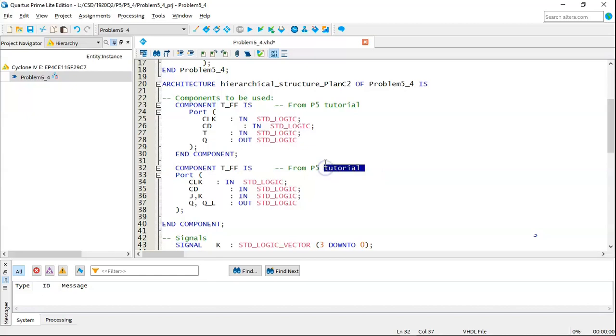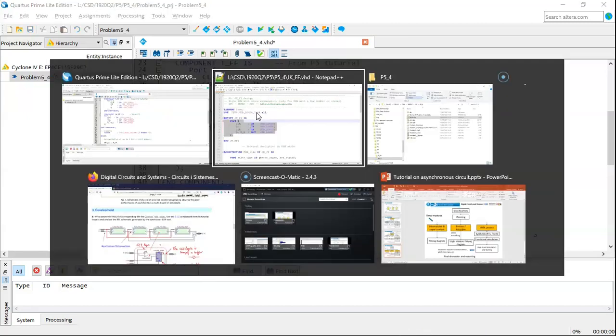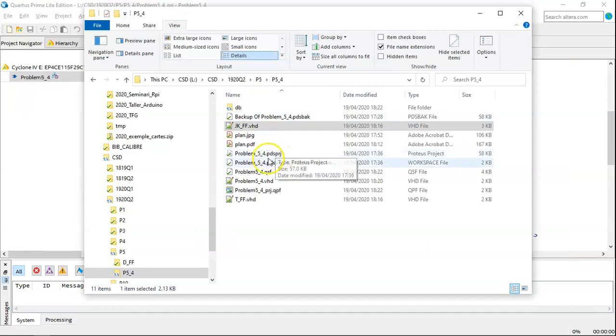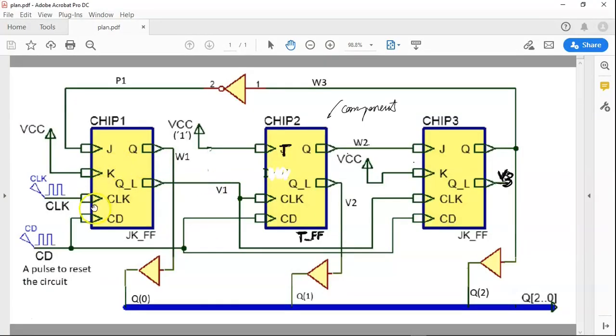It's from P5. That way, 2 components, okay? And then some signals. And the signals is not simply the key, but now is when you have to go and keep an eye on your schema. The schema was this one.